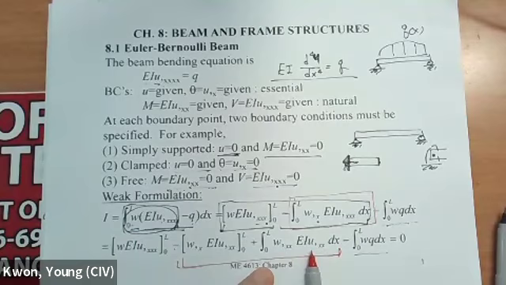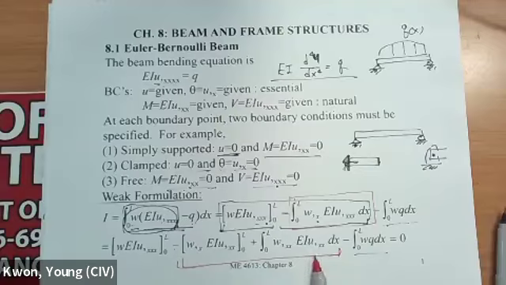You got it? If you apply integration by parts one more time, what are you going to see? Then your test function is going to be a third order derivative and your trial function is going to be a first order derivative. Then you have another imbalance between the test and trial functions.